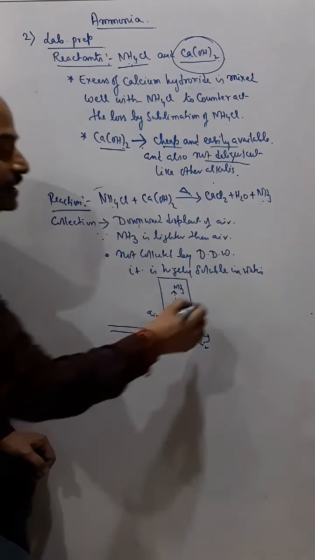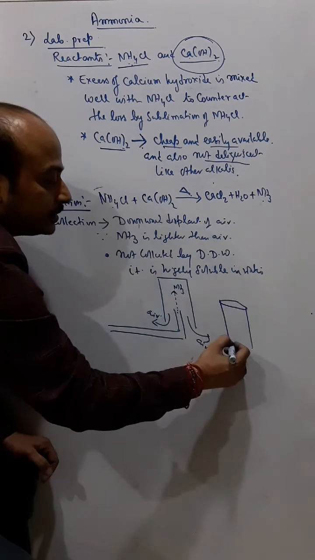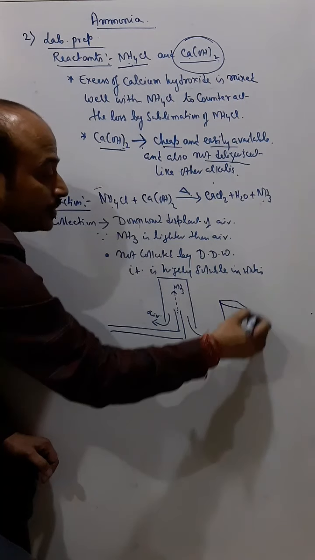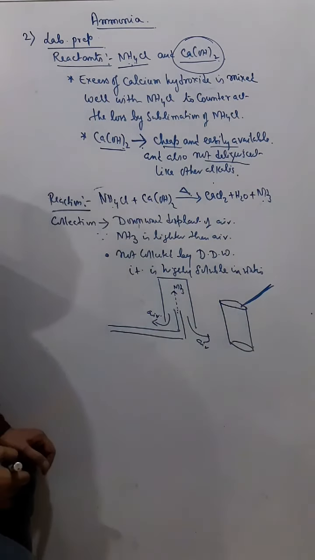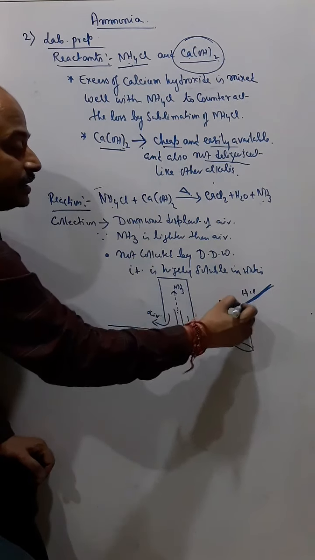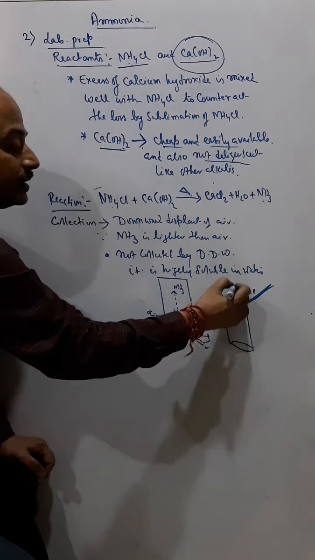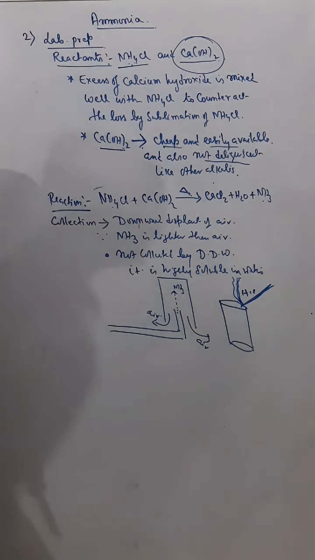And to understand that the gas jar is full of ammonia, we can bring a glass rod dipped in hydrochloric acid, okay, HCl, and dense white fumes will come, due to the formation of ammonium chloride, and we can understand that the jar is full. So this is how we prepare ammonia in the laboratory.